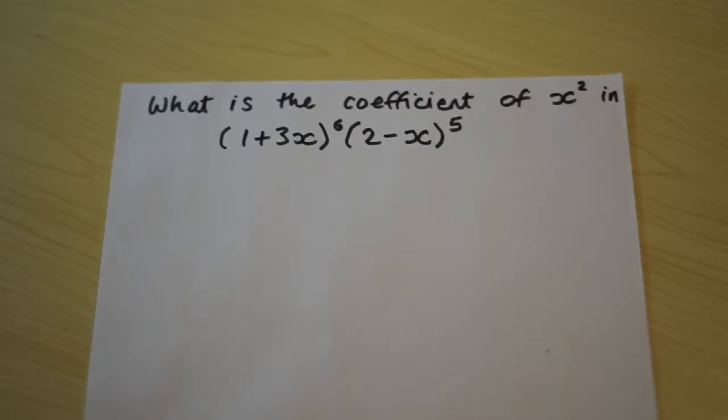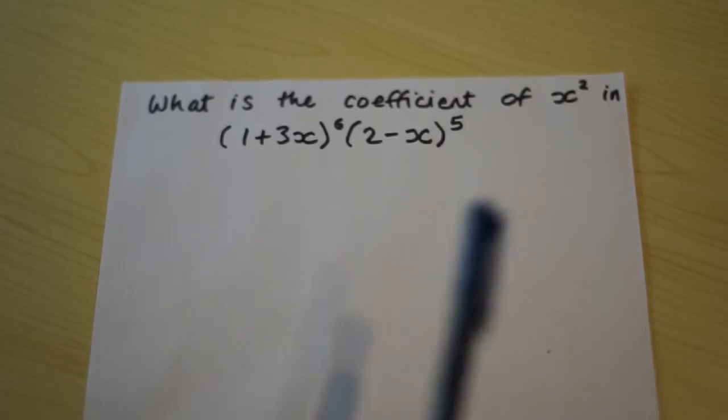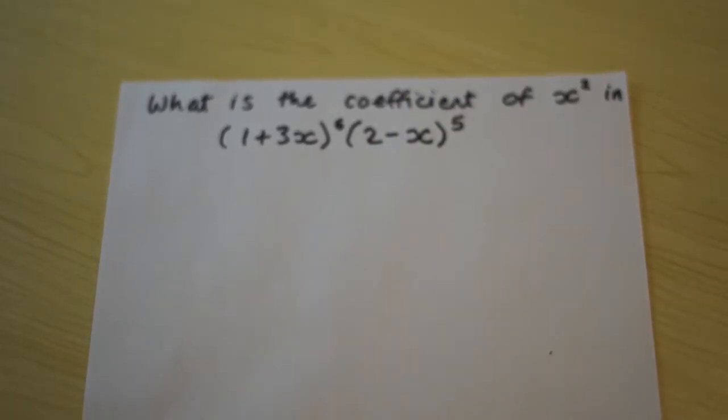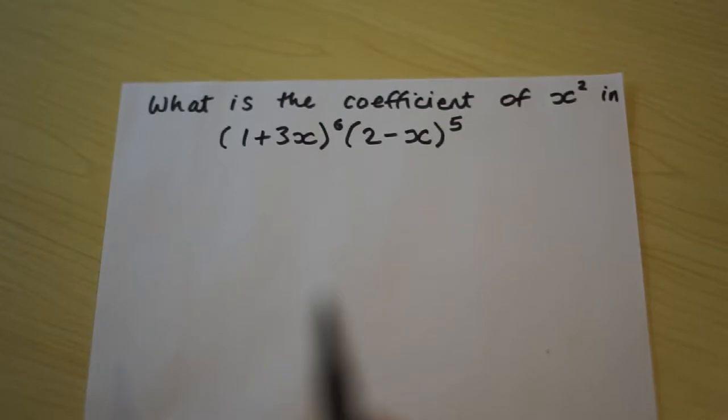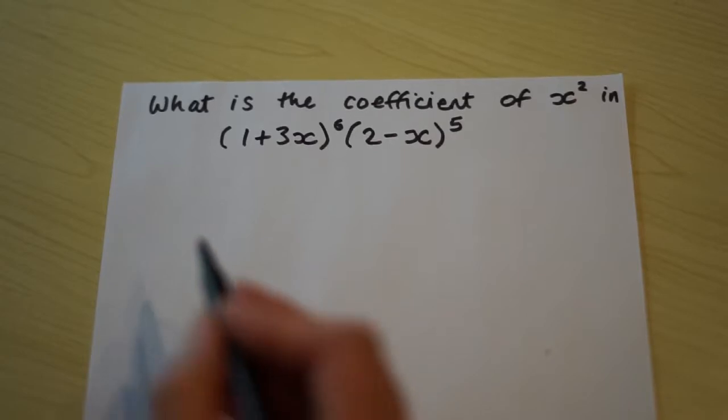So we're going to try and be a bit more strategic than that, because we only want the coefficient of the x squared term. So let's think how the x squared appears when these two brackets are expanded and multiplied together.